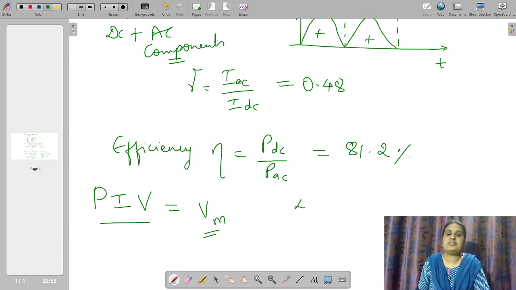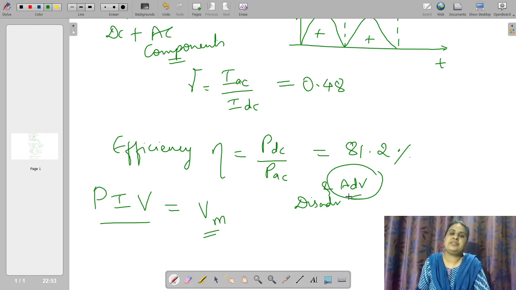Then also we studied the advantages and disadvantages of the full wave bridge rectifier. In the advantages, we studied that the need for the center tap transformer was eliminated. The center tap transformer design is a bit difficult, and even the polarity is a bit difficult to identify.